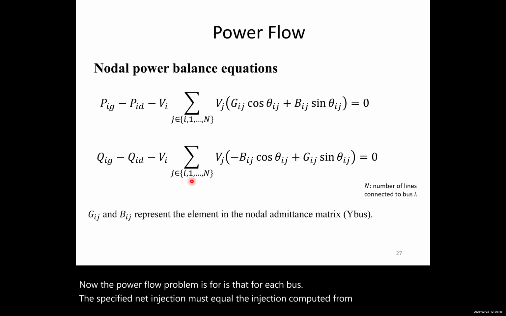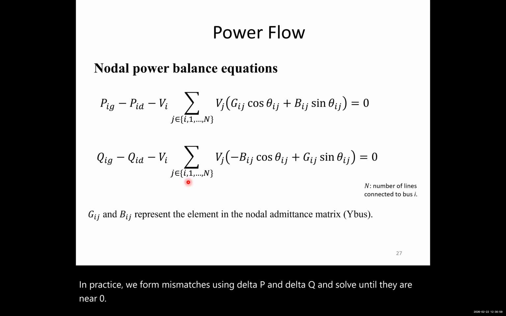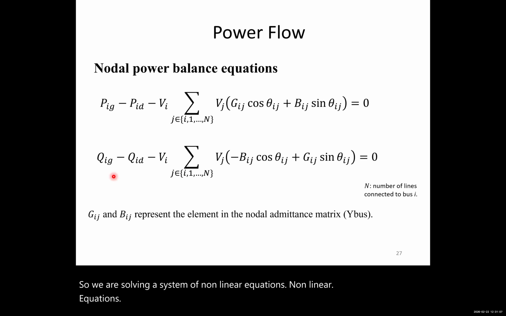In practice, we form mismatches using delta P and delta Q and solve until they are near zero. So we are solving a system of nonlinear equations. And we have to solve these two equations for the real power and the reactive power.